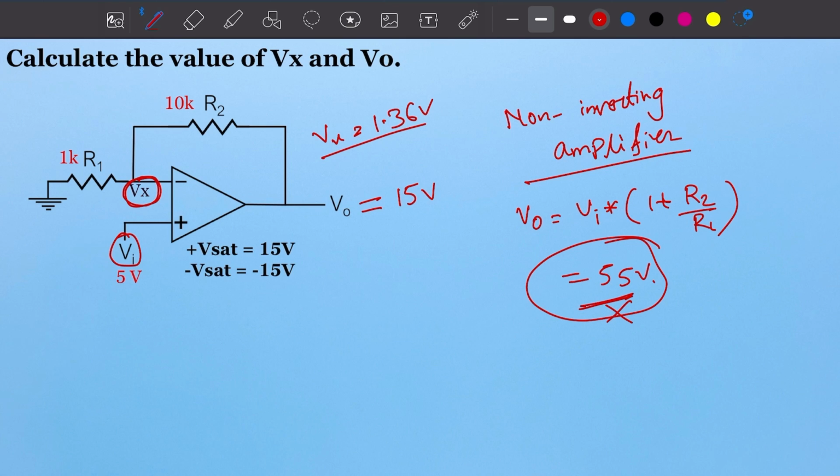What is that problem? The problem is we assumed that due to the virtual short, Vx is equal to Vi. But this is not true as we are getting only 15 volt, right? So now we need to calculate the value of Vx with respect to 15 volt. How will we do that?